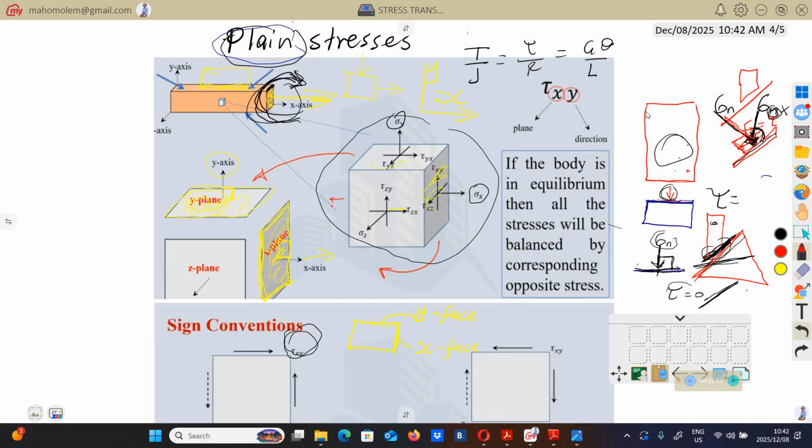Even so, the weight of this chimney is not going to change. But this normal stress caused by the weight when the plane is like this is not going to be the same magnitude of this normal stress caused by the very same weight while the plane has changed.